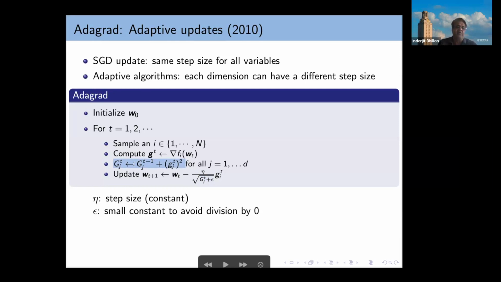And then there are some methods where instead of just taking them and adding things, you again use a discount factor. You can do beta times G_j,t-1 plus (1 minus beta) times G_j,t squared. And this you can actually think of as a diagonal preconditioner.